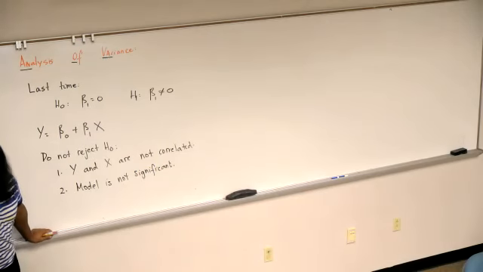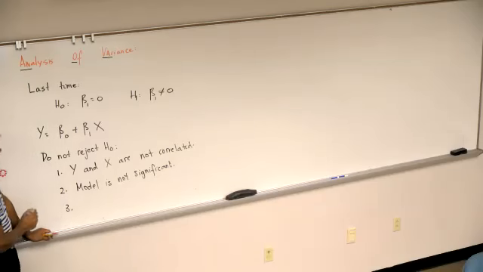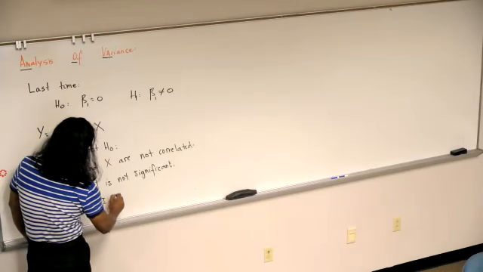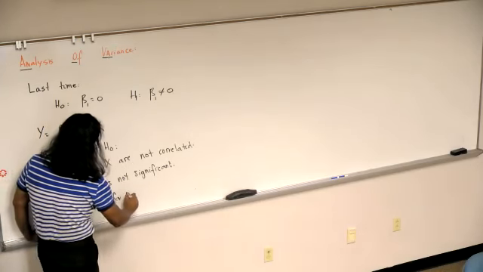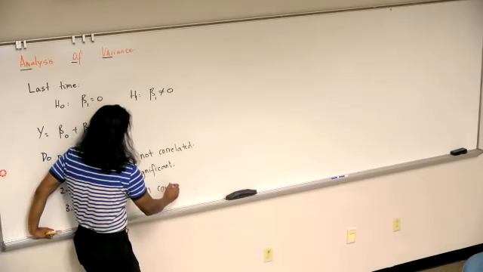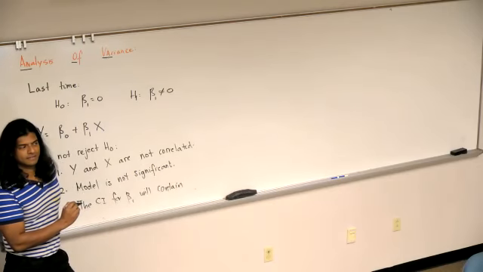And if you're particular about finding the interval, the confidence interval for beta 1, will contain 0.